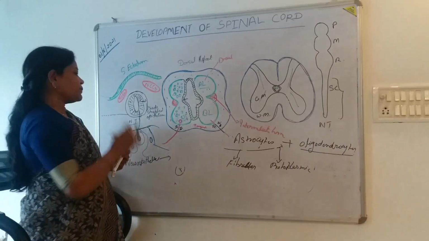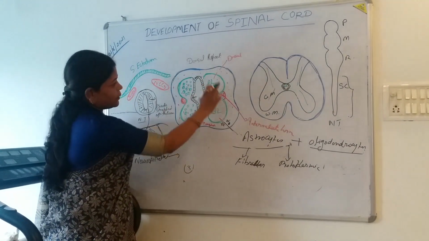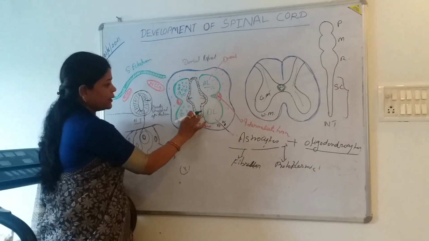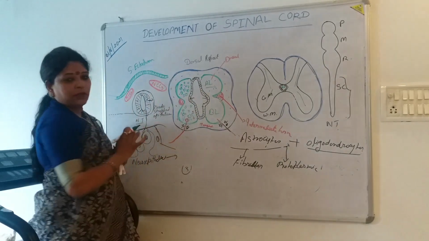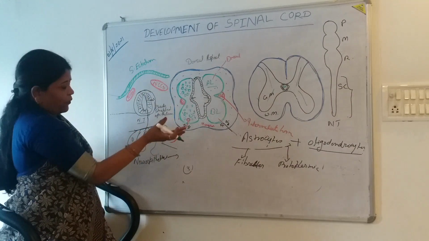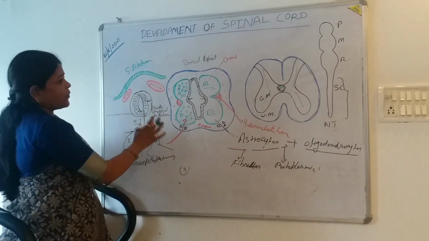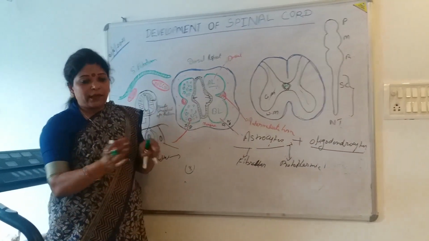Okay, now concentrate on this diagram. This is the epithelial lining, this is the mantle layer, and this is the marginal layer. In the formation of the spinal cord there are various stages. First there is the formation of the mantle layer, which we have discussed.